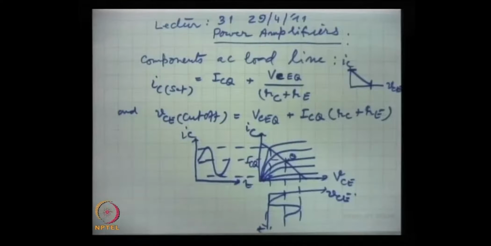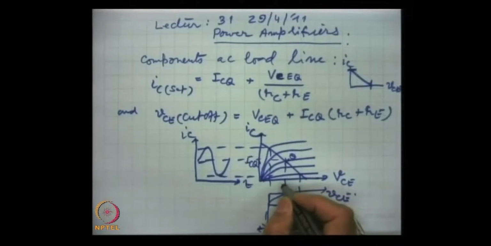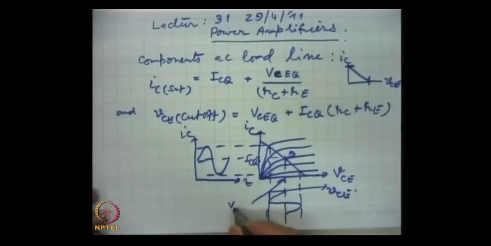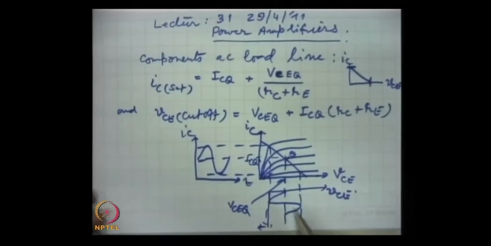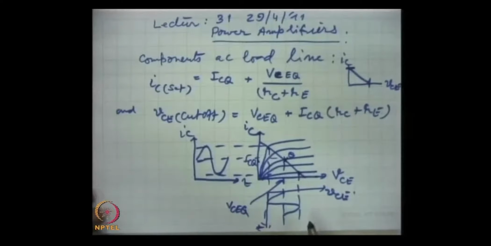This is the operating point value ICQ, and this voltage here is VCEQ. This current will vary across this operating point from this region to this region. Similarly, the voltage will vary from this region to this region.